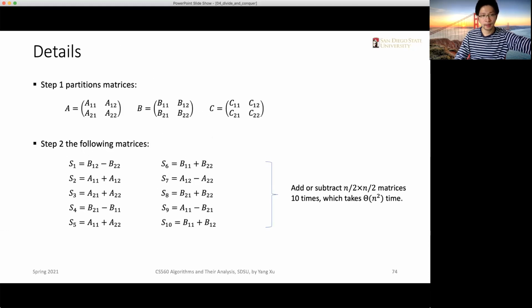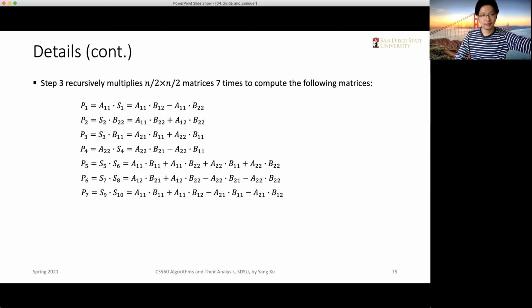And then step 3, which is a recursive call, 7 recursive calls to compute P1 to P7. So P1 is A11 times S1.